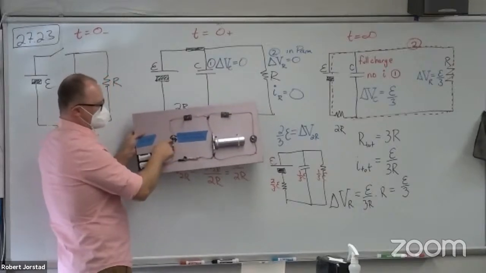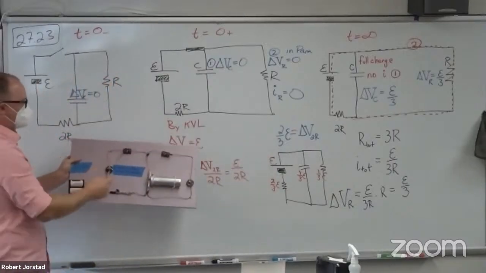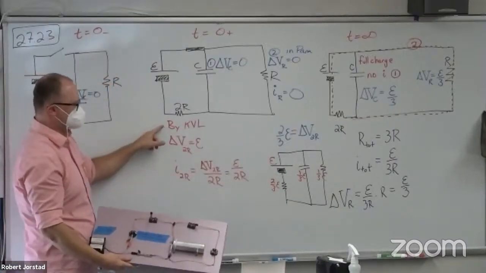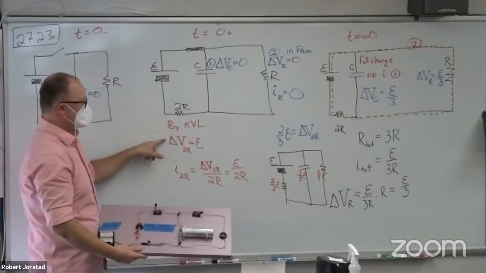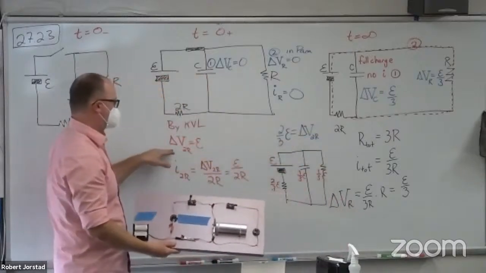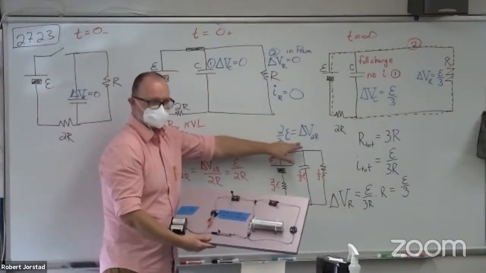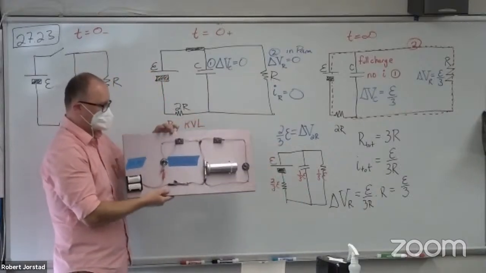So what happens to the voltage across this bulb here? What happens to the voltage to this one? Does it increase, stay the same, or drop? It drops. So this bulb is actually going to get a little bit less bright as this one gets brighter.